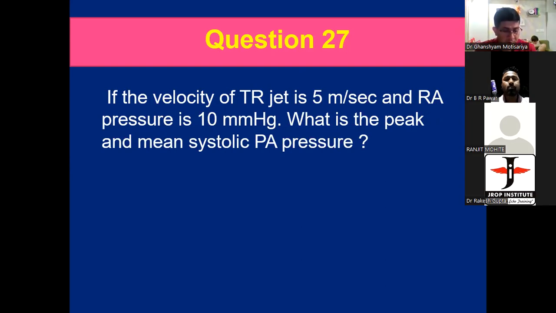RVSP is 100, okay. Then 100 plus 10, that will be the peak pulmonary artery pressure. Yes, plus 10. And then what would the mean be?